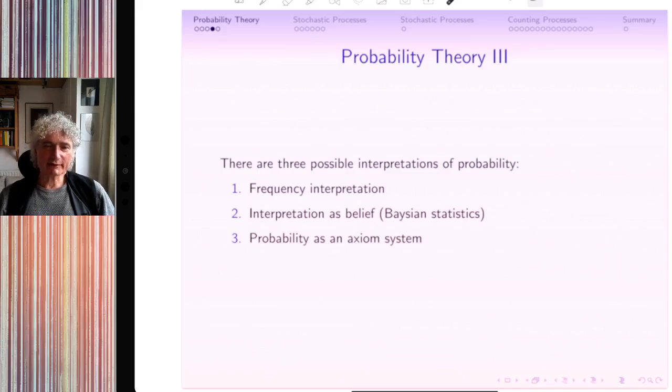And then the third interpretation of probability is the one I mentioned before. This is the abstract view. You just define an axiom system for probability, and you don't interpret it any further, as long as you do just mathematics.